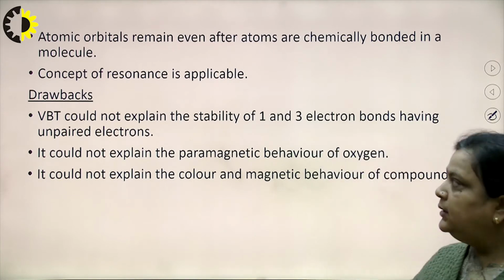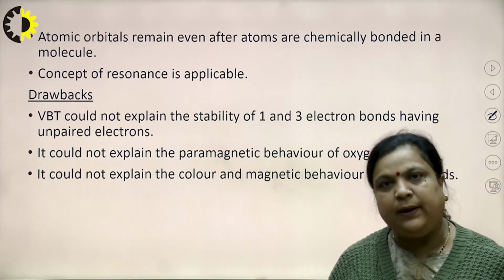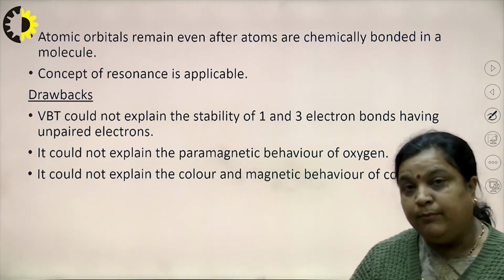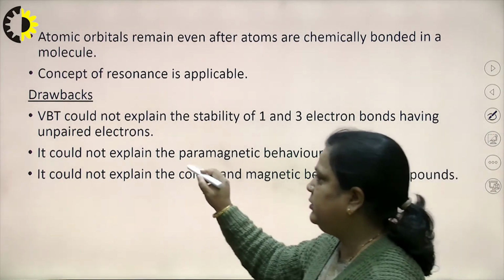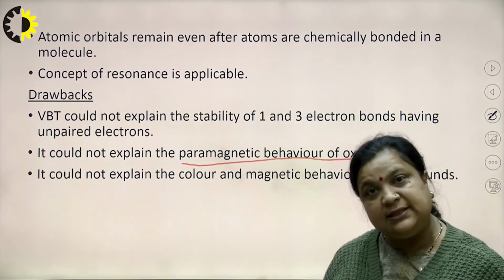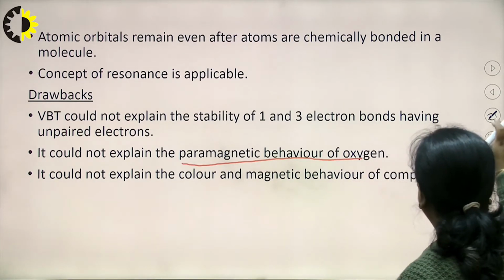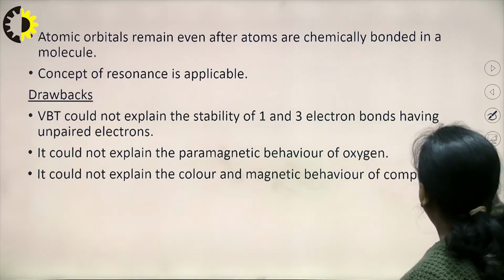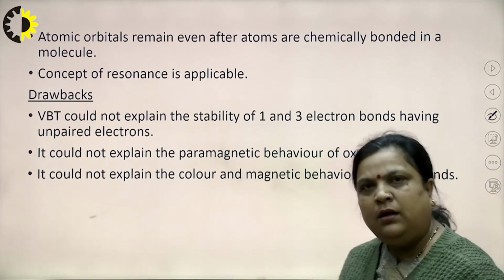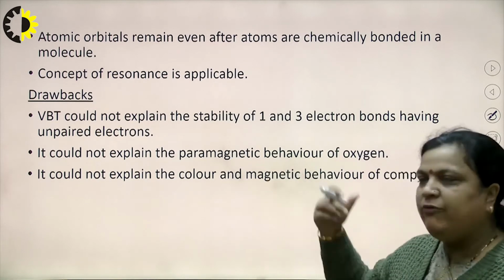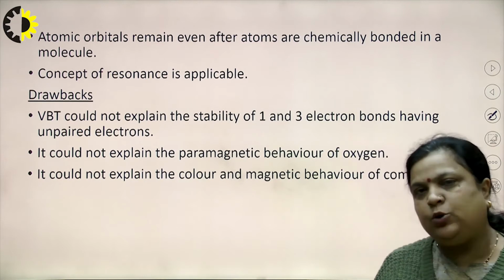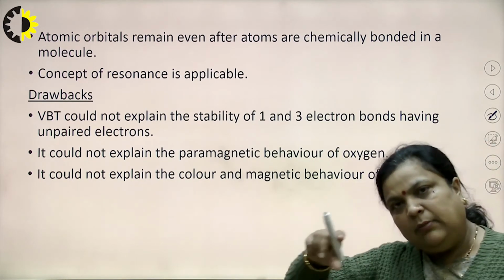In VBT, the concept of resonance is also applicable, but there are a few limitations, and the most important drawback is that it could not explain the paramagnetic behavior of oxygen. As per VBT, in the formation of oxygen, 2 unpaired electrons of the first oxygen combine with 2 unpaired electrons of the second oxygen, and then the double bond gets formed.